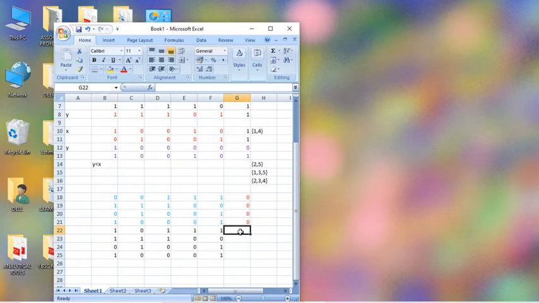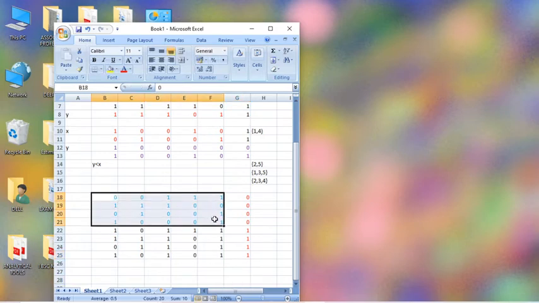The system will be in the functioning state. When we move this one to 1, the system will also be in the functioning state. So these 4 vectors are minimal cut vectors.